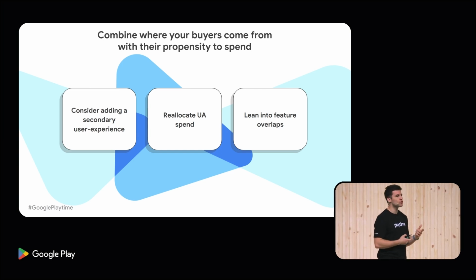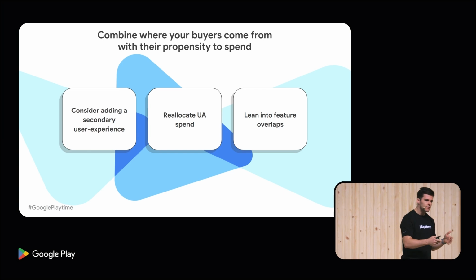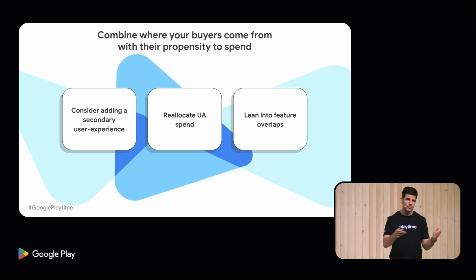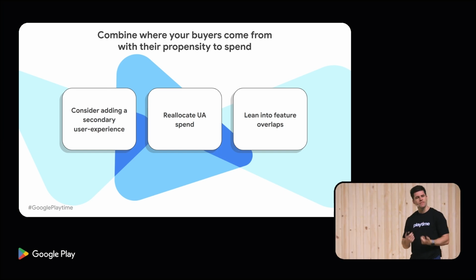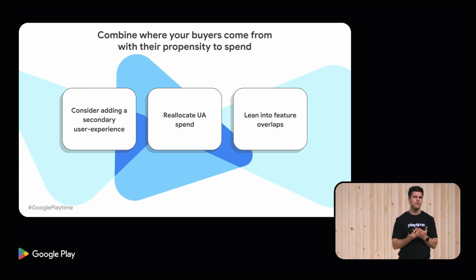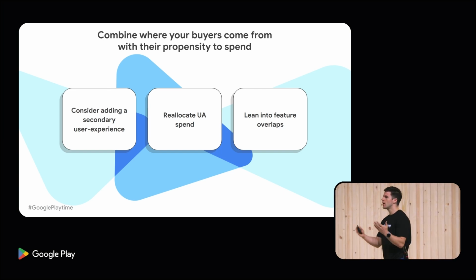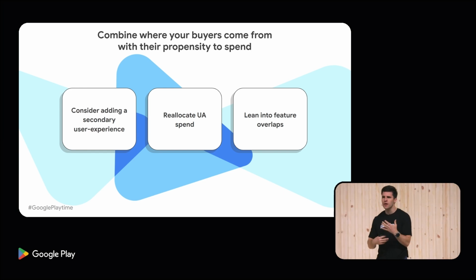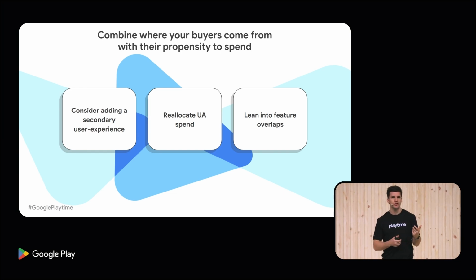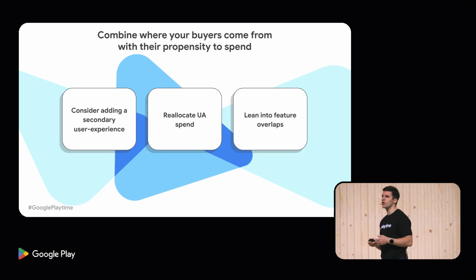Another idea could be to reallocate your user acquisition spend to more adequately address the markets and the categories in which your new buyers are coming from. And then a third idea could be to lean into some of the feature overlaps that you might have with these other categories or games. Again, these are just a few ideas, and I'm sure you're going to be able to come up with more personalized ways to reach your new buyer populations that could have a dramatic improvement in your new buyer conversion.